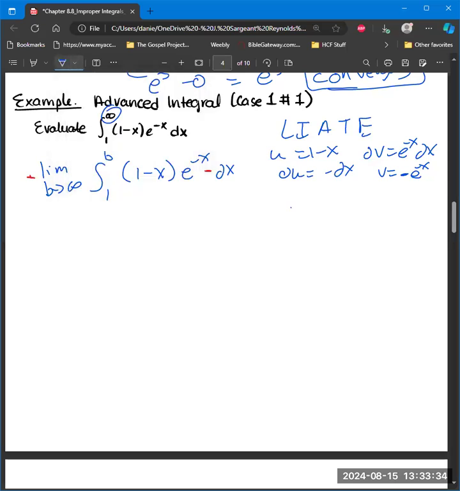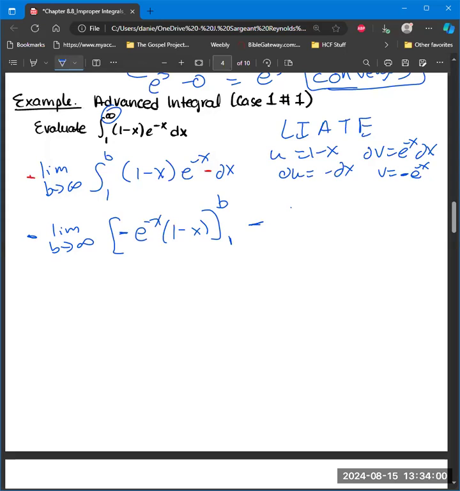So it's going to be a negative limit as b goes to infinity of, now we want u times v, so that's going to be a negative e to the negative x times 1 minus x, all of that evaluated from 1 to b, minus.